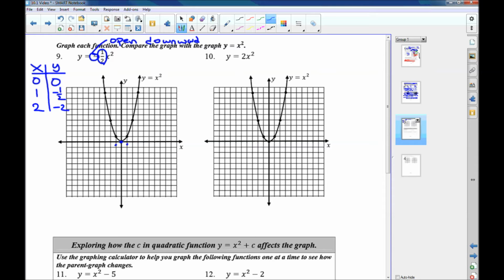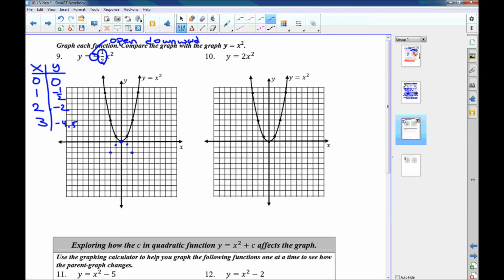Normally we go over 2 and up 4, now we're going to go over 2 and down 2, half as much. 3 would normally be 9, but 9 times negative 1/2 makes negative 4.5. So we only went down half as much again.